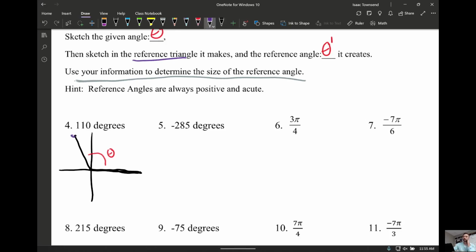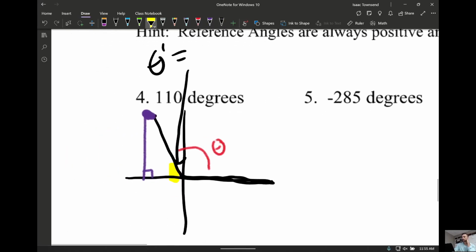If you take this point on the terminal side and draw to the x-axis, you now have your reference triangle. And then this acute positive angle here, that is the reference angle, theta prime. And we will be asking you how big that is.